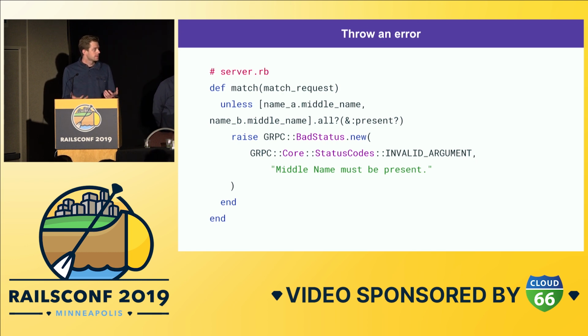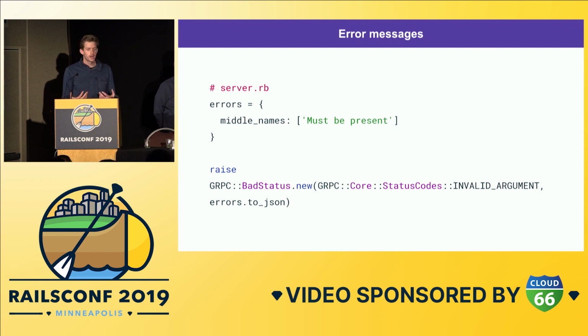You may be saying this seems a little limiting in terms of what you can send back as far as error messages go. So let's say you want to have something a little bit more structured. You could easily define a hash of errors, similar to ActiveRecord resource errors. And then you can serialize those to JSON and send that back as the message that's included as part of the gRPC status error.